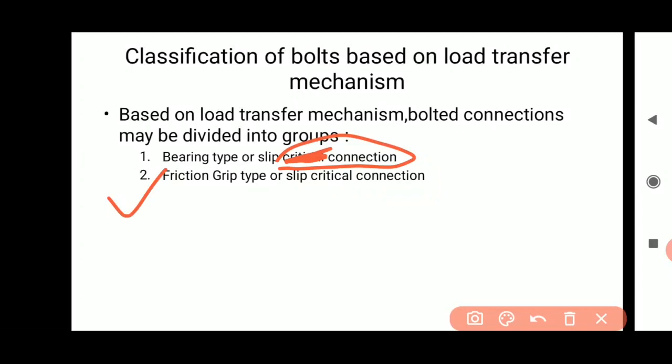As we have seen, in case of unfinished bolt and finished bolt, the force is transmitted by the bearing and shearing, so that is an example of bearing connection. And in case of high strength friction grip bolt, as the force is transmitted by friction only, that is an example of friction grip type connection.